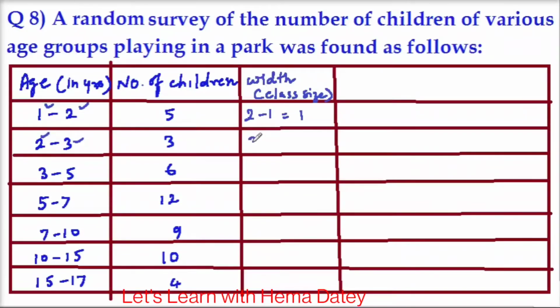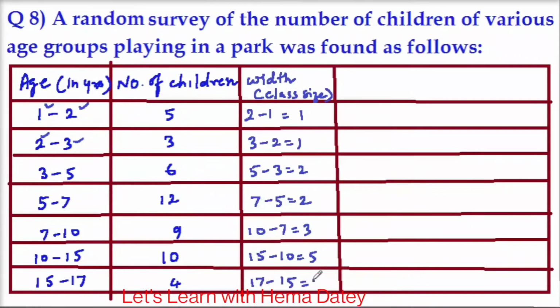For the second interval, 3 minus 2, which is again 1. For the third interval, 5 minus 3 is 2. 7 minus 5 is 2. 10 minus 7 is 3. 15 minus 10 is 5. And 17 minus 15 is 2.